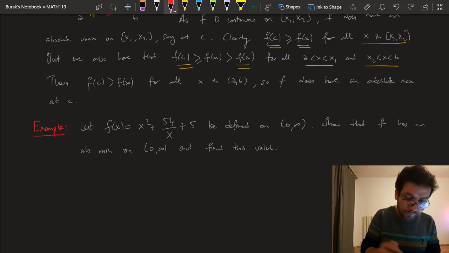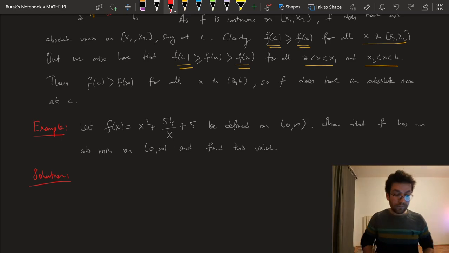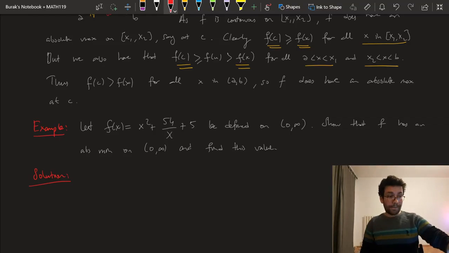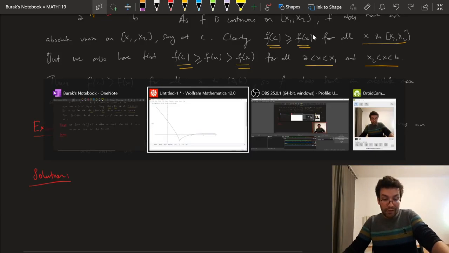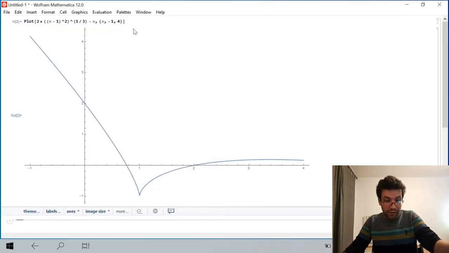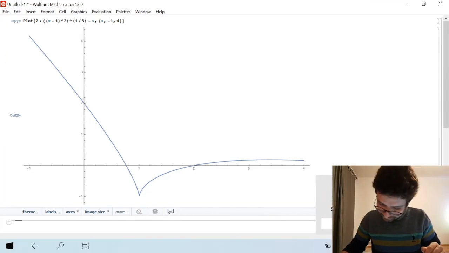Okay. So what do we do? Let me first show you how this function looks. This is going to be cheating. Before doing anything, I'm kind of showing you how this function looks, but that's fine.